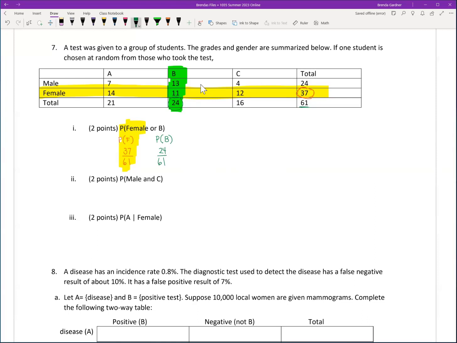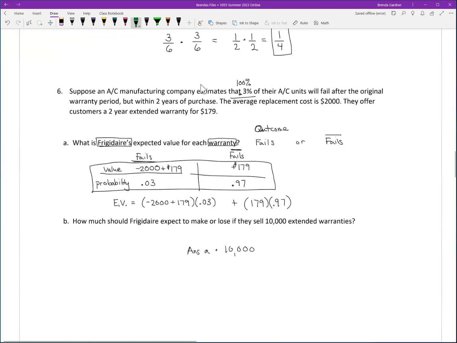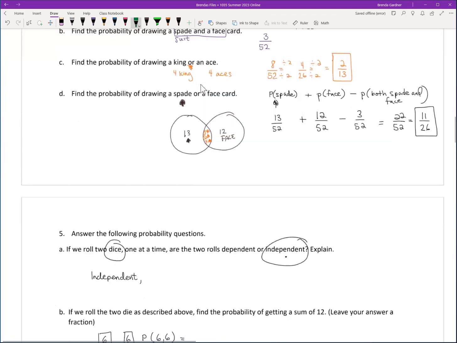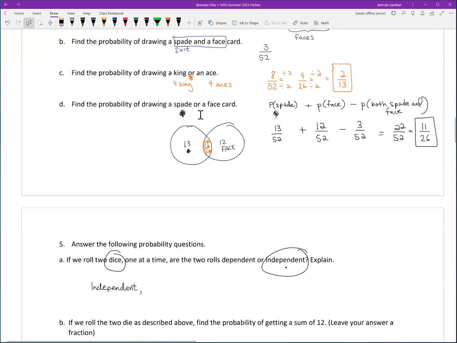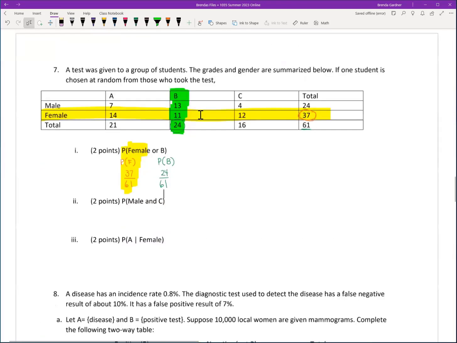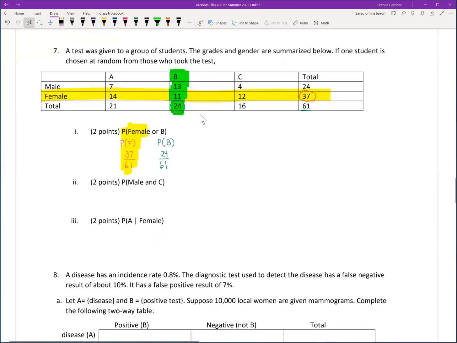What's the probability of drawing someone who got a B? You'd say 24 out of 61. This is similar to our question on the face cards, where there's an overlap. If there's an overlap, we have to subtract out the overlap. So we're going to add those two together, but subtract out the probability that they're female and have a B.